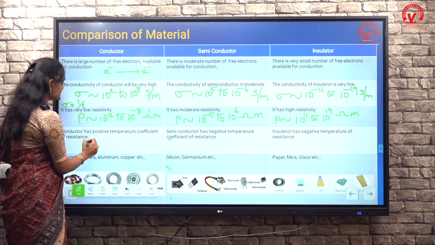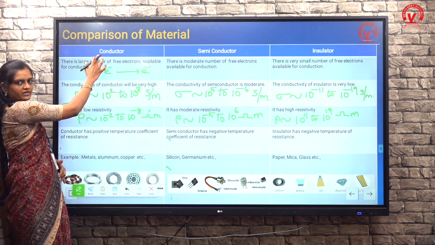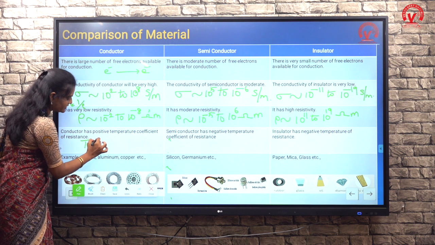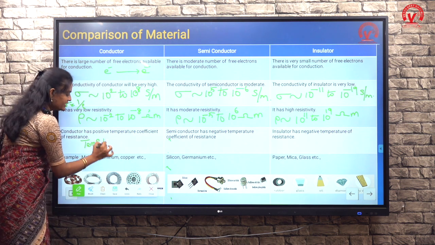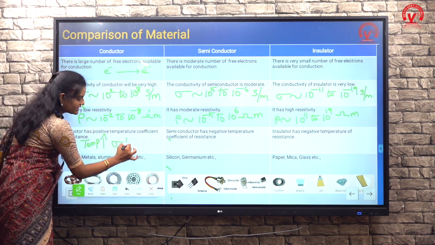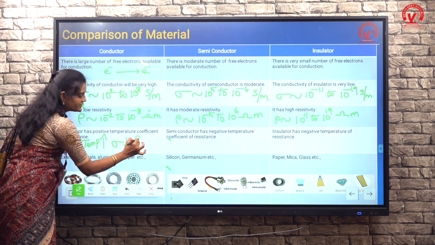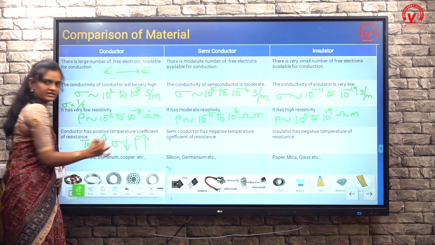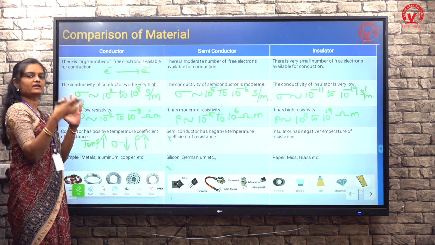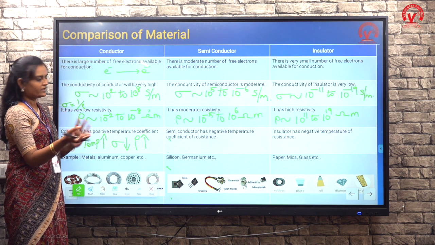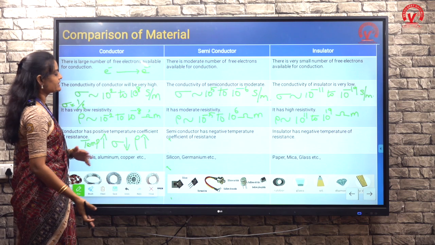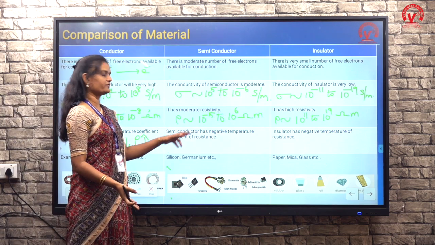When the temperature is increased for a conducting material, the conductivity of the material decreases and the resistivity increases. So the conductor may become a semiconductor, or else it may become an insulator when we increase the temperature. And the semiconductor has a negative temperature coefficient of resistance.